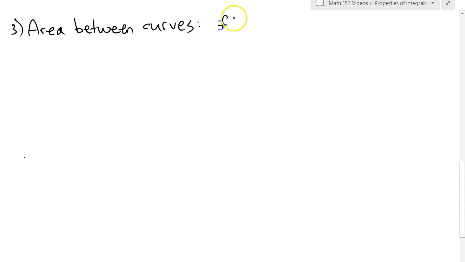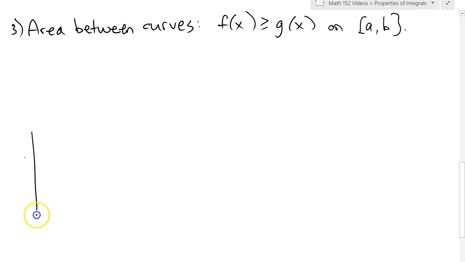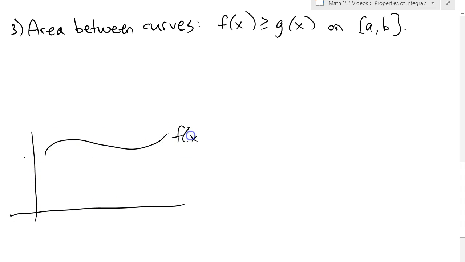So say we have some f of x, and it is greater than or equal to g of x, at least on the interval that I care about, which is always ab. Okay? So we have one function is greater than the other one. Here's my f of x. Here's g of x down here. And I'm only looking over an interval from a to b.